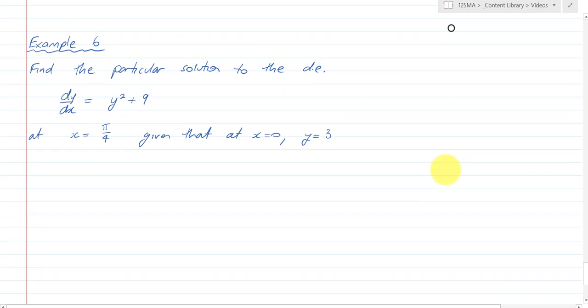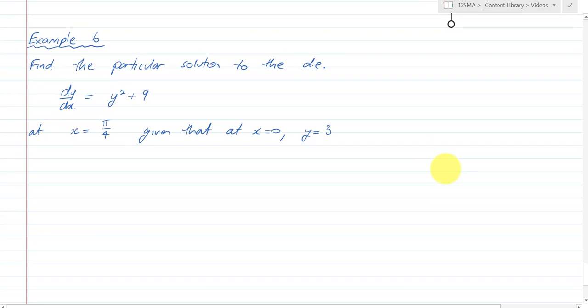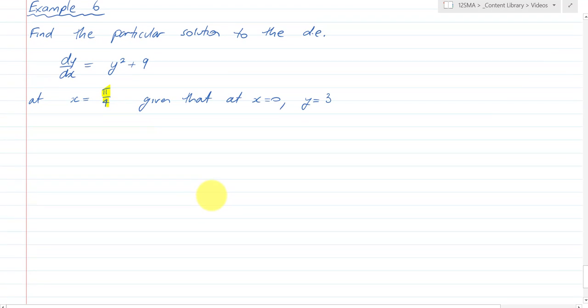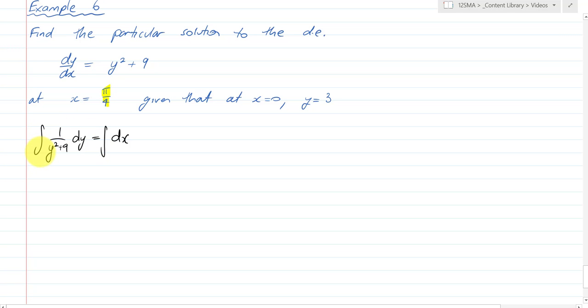Now let's have a look at example 6. Find the particular solution of the differential equation there at x equals pi on 4, given that at x equals 0, y equals 3. So this is leading to a particular solution, and would you believe it, we've got a little bit of a pi on 4, which obviously gives us a bit of an impression that there might be some trig involved. So let's see how we go. I swap, putting y squared plus 9 on the bottom: dy equals dx, and then I can integrate both sides.